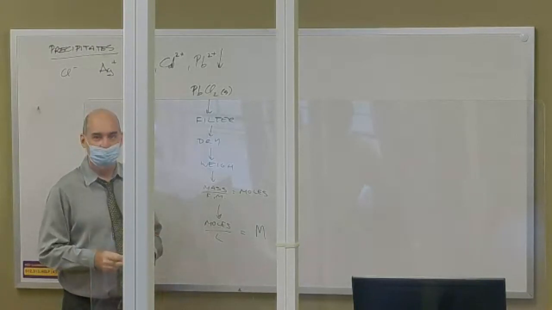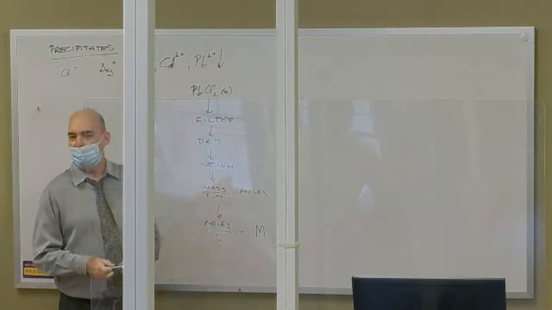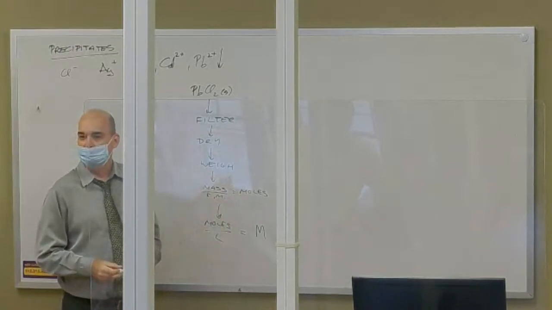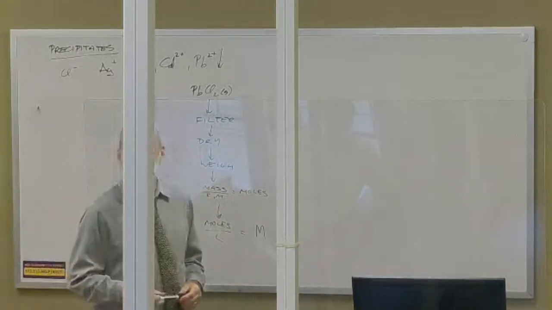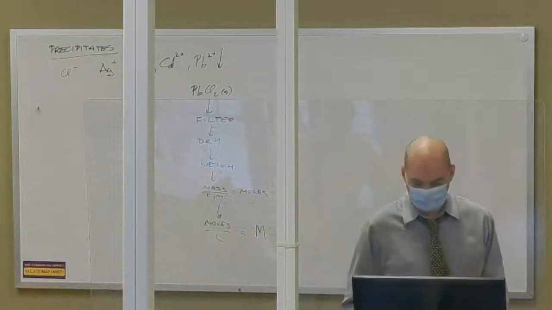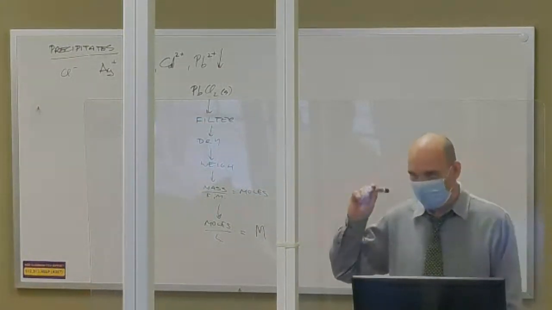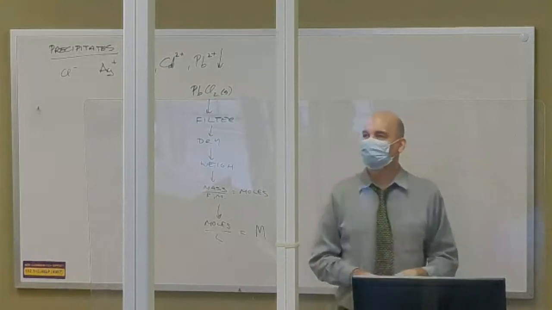If you give me pure water, then my test is still valid. It's just a negative test. But if you give me a sample that you know has lead in it, using this technique, how might I go wrong?